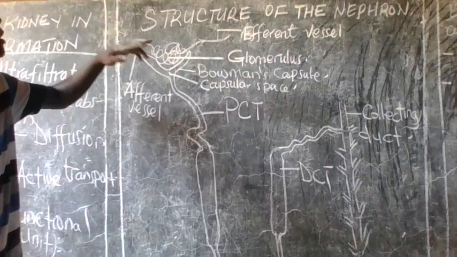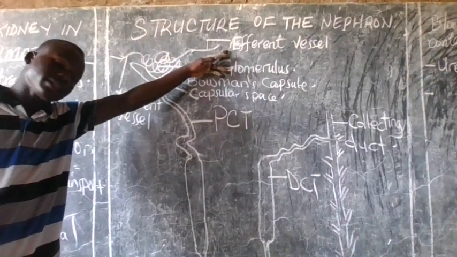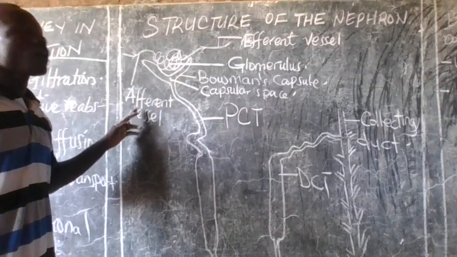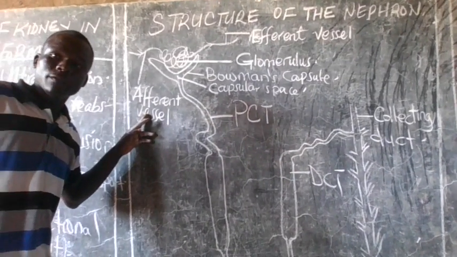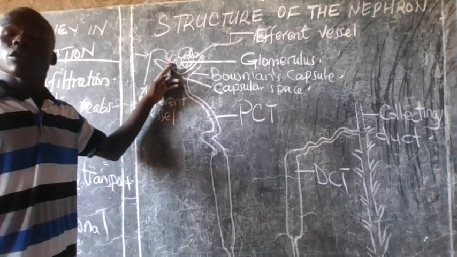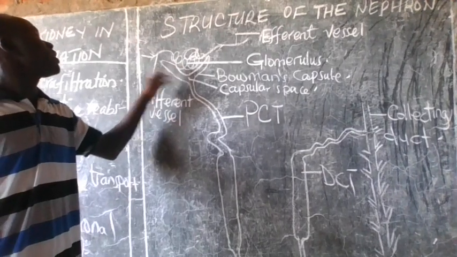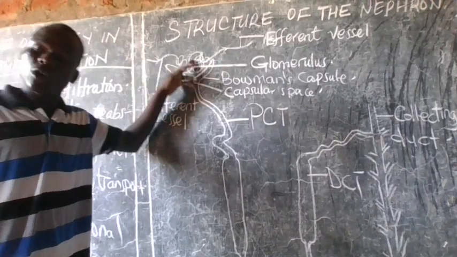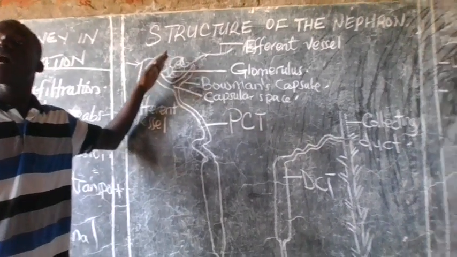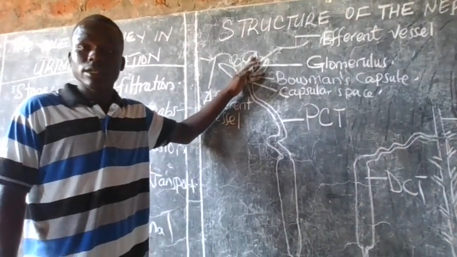We realize that an efferent vessel has a narrower diameter compared to an afferent vessel. This creates high pressure, isn't it? Then also an increase in blood volume creates high pressure in the glomerulus.